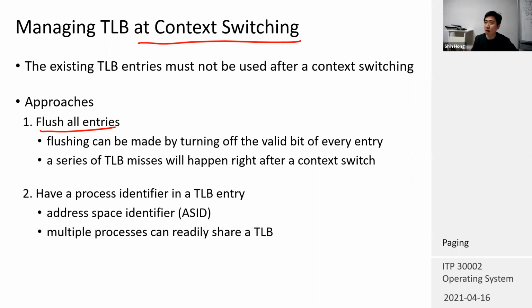Okay, this is one easy way of resolving this issue. Flushing can be done simply by turning off the valid bit of every TLB entry. And here the issue is, if it is done this way, what will happen right after context switching?